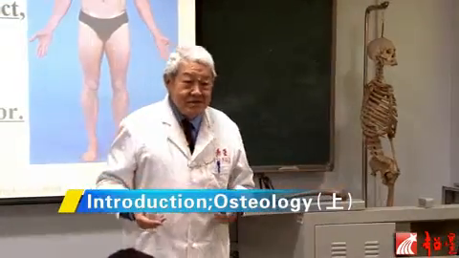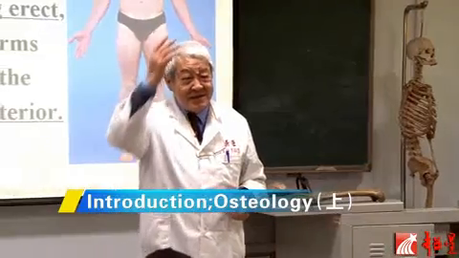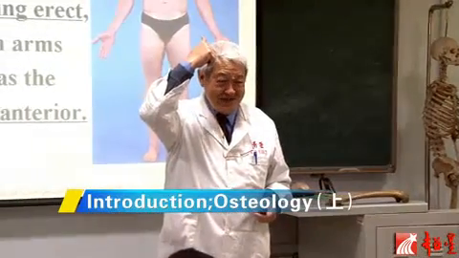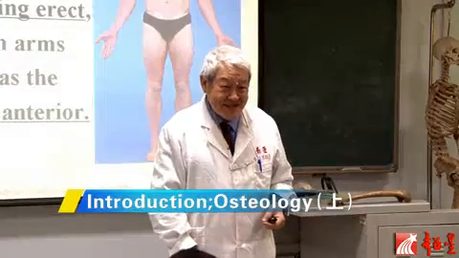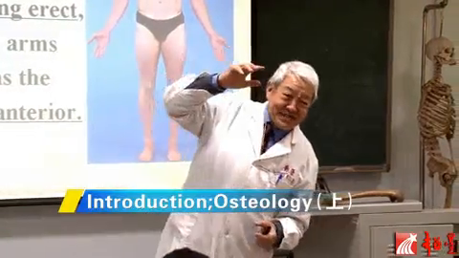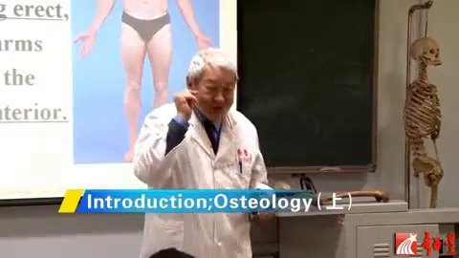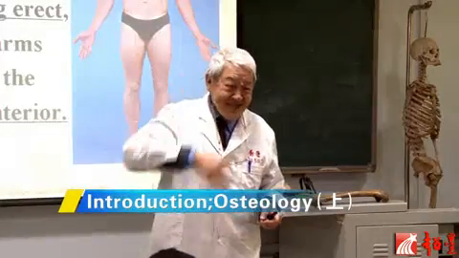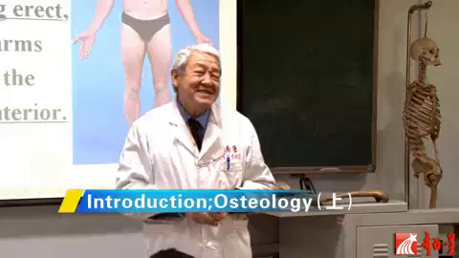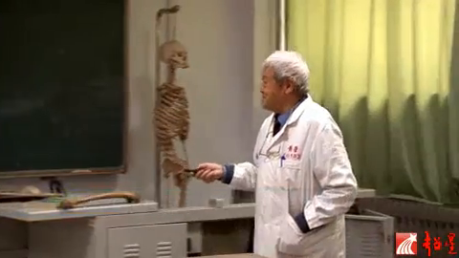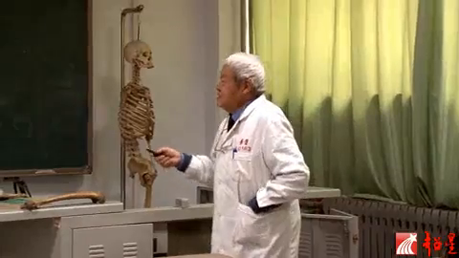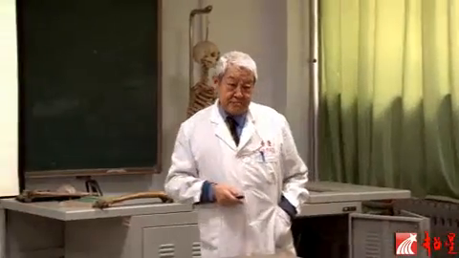Such as, the head is in the upper, the foot is in the lower. If we are upside down, we should also say the head is in the upper. So it must be according to the anatomical position. Then a series of terms of direction.